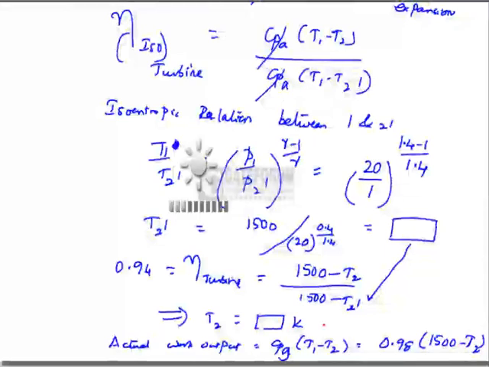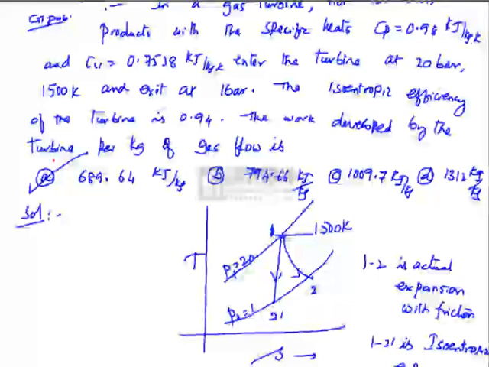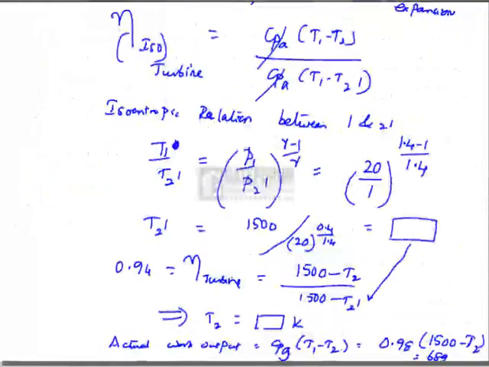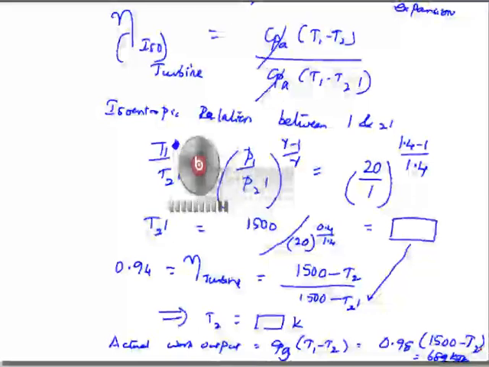The answer would be 689.64 kilojoule per kg. This amount of work is actually done by the turbine.